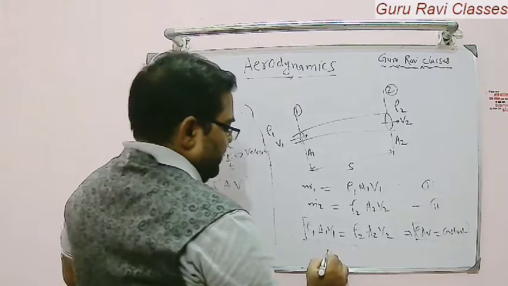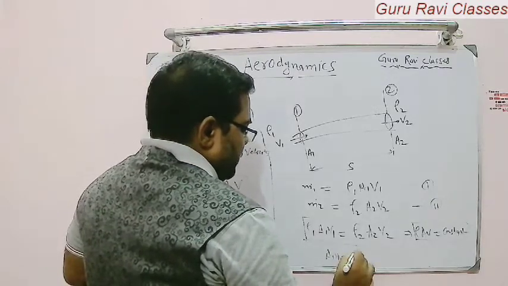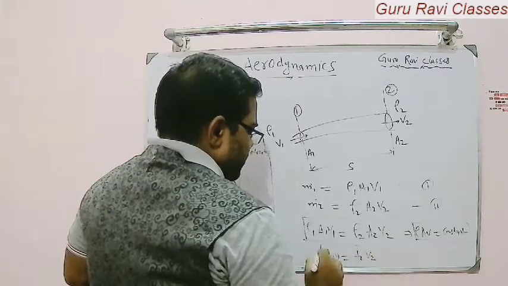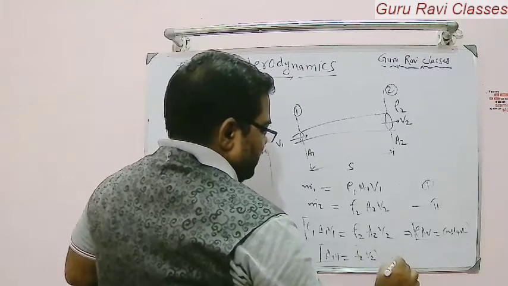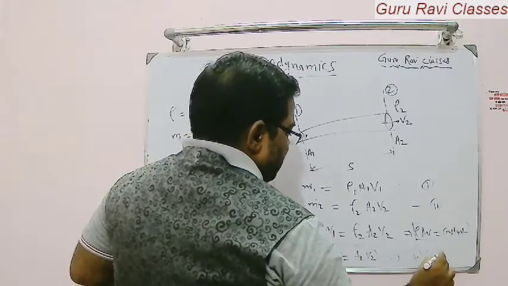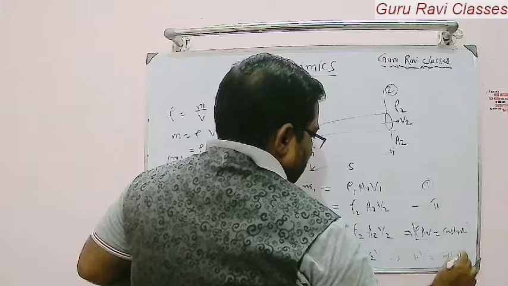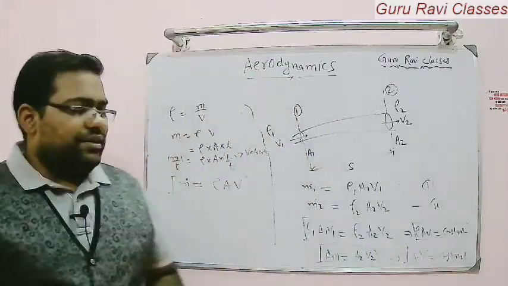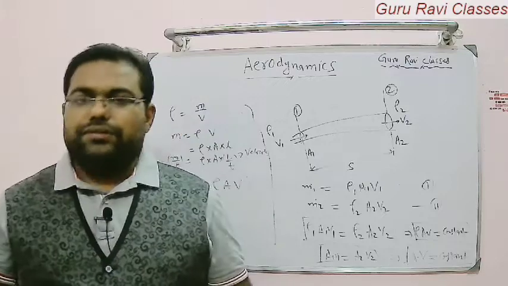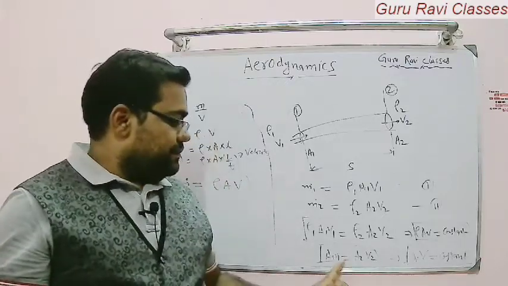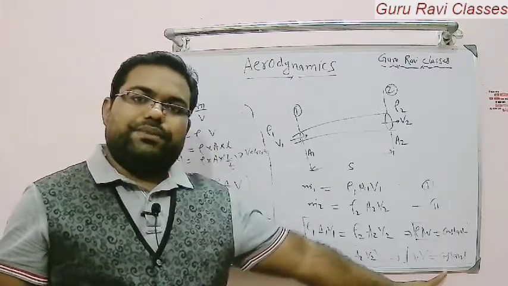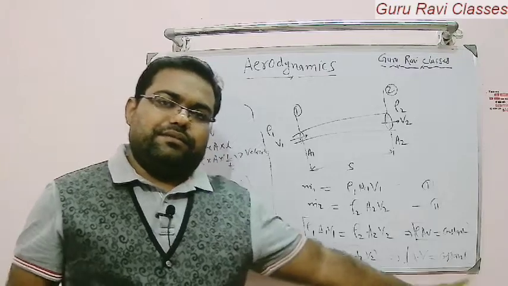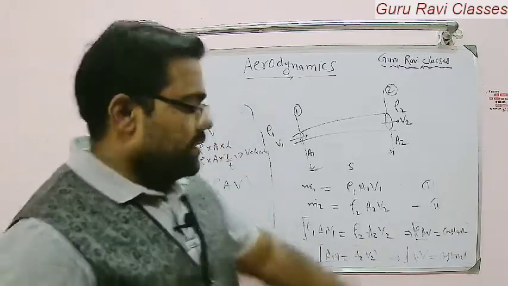So I can say A1 V1 is equal to A2 V2, or in general, area into velocity is equal to constant. A very simple way you can say this. Area velocity is equal to constant. This is known as the continuity equation.